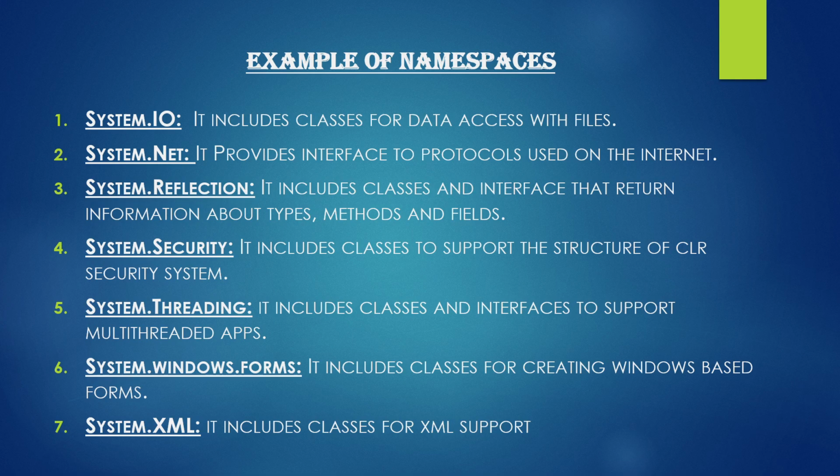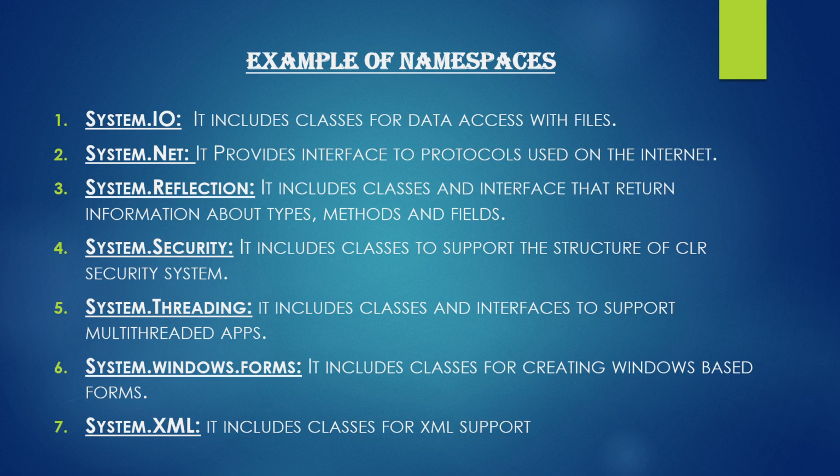System.Net provides an interface to protocols used on the internet. And System.Reflection includes classes and interfaces that return information about types, methods, and fields. By using System.Reflection, we can get the type of the classes, the type of the methods and fields. And System.Security includes classes to support the structure of the CLR security system.